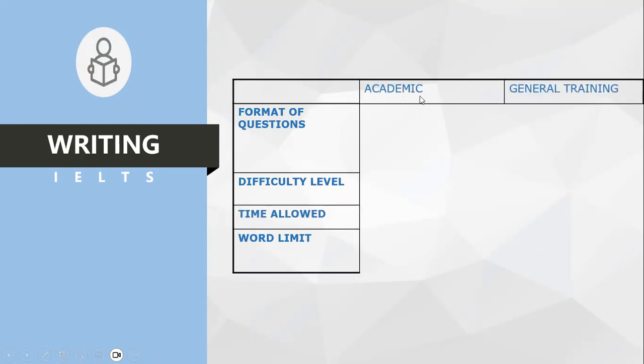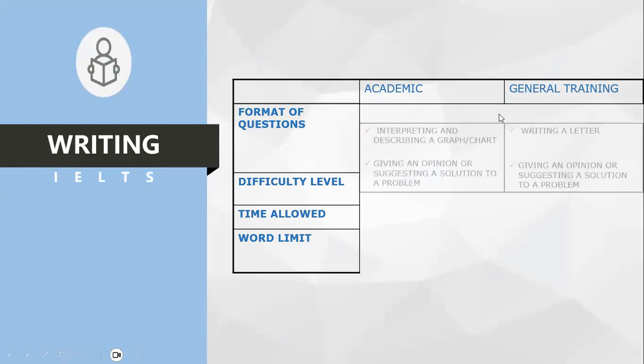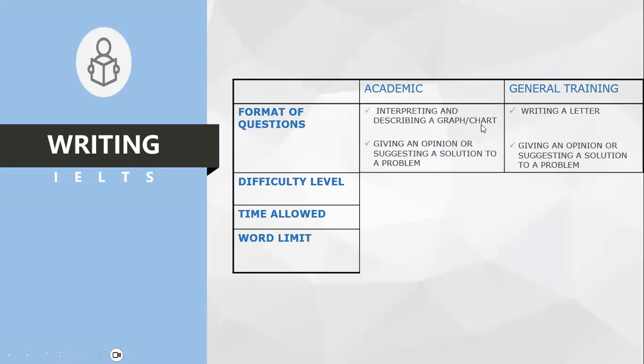Also, here we said that we have 2 different sections, academic and general. When it comes to the format of the questions, how the questions are made, we have 2 tasks here.